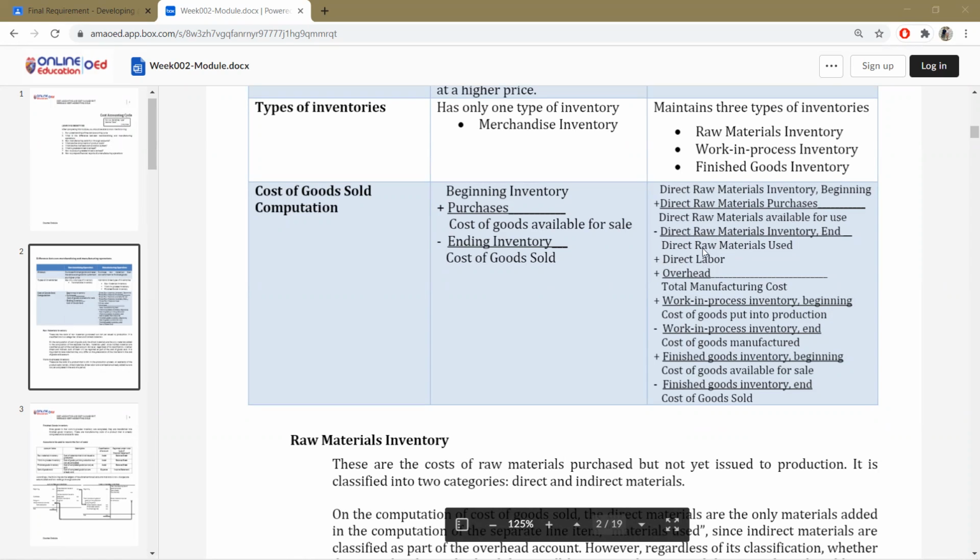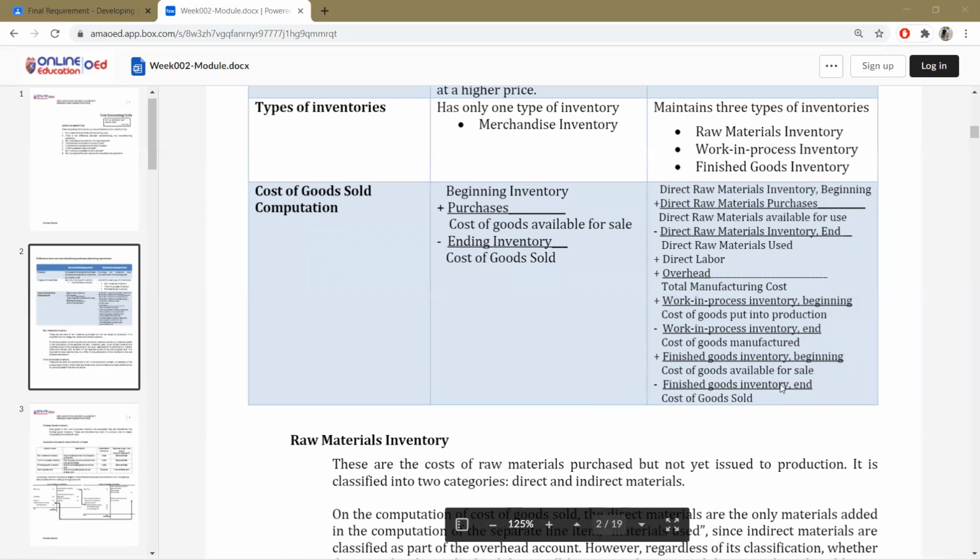Okay. So direct raw materials used plus direct labor plus overhead equals total manufacturing cost plus work in process inventory beginning is equal to cost of goods put into production minus work in process inventory end, that is what we call the cost of goods manufactured, plus finished goods inventory beginning, cost of goods sold available for sale, which is equal to this one.